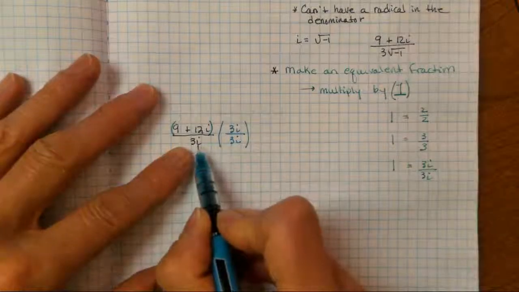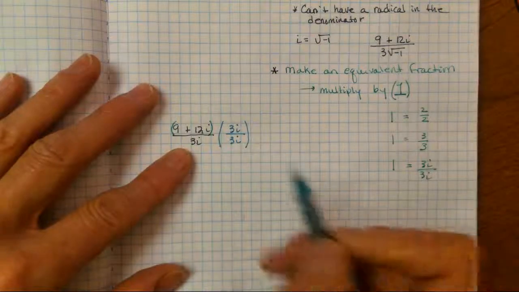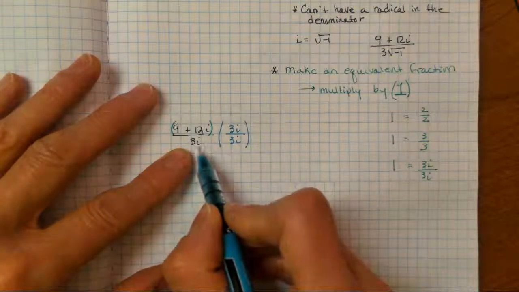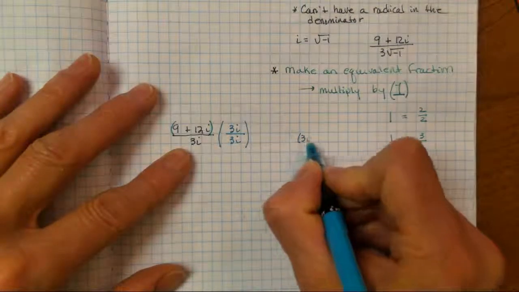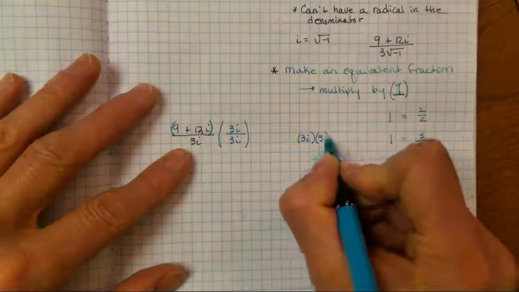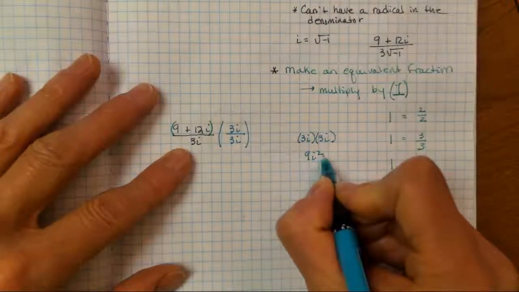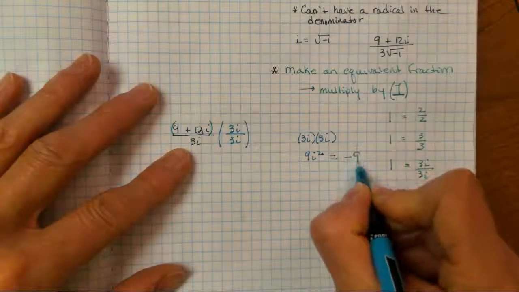Pretty much whatever I see in the denominator is what I'm going to multiply by. Okay? And the reason I'm going to do this is because 3i times 3i is going to give me 9i squared, which is going to give me -9.